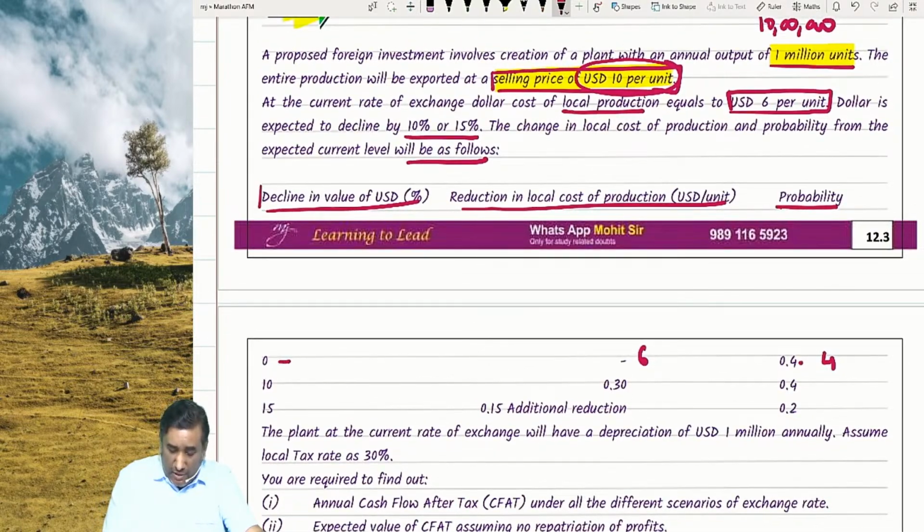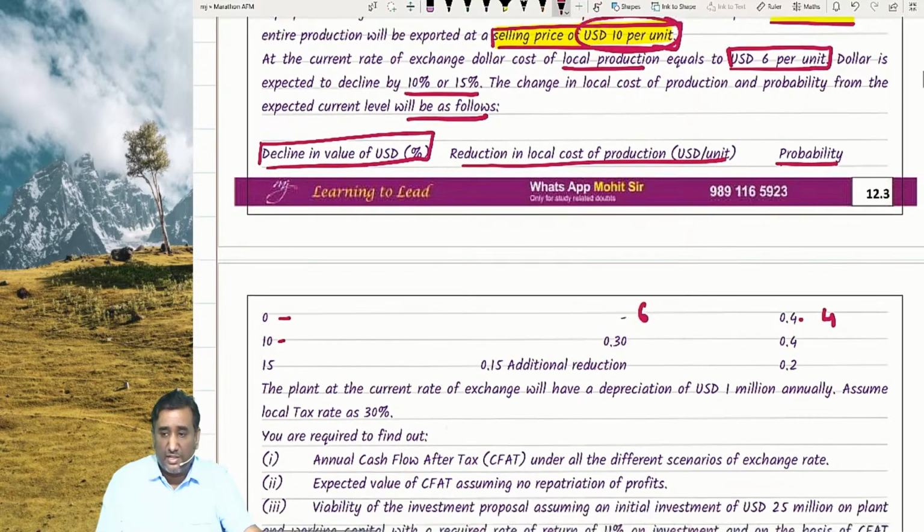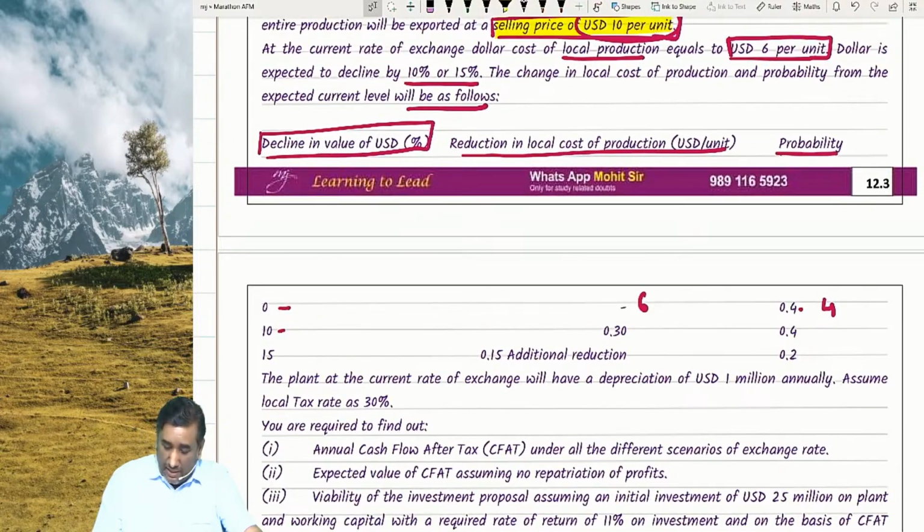If the USD value declines by 10%, reduction in the local cost of production in USD per unit: $6 will decline to what? 5.7. Probability is 40. Any change in the selling price?